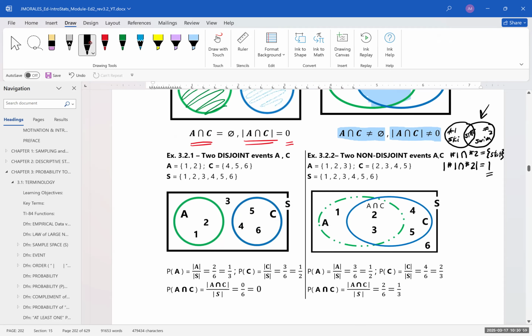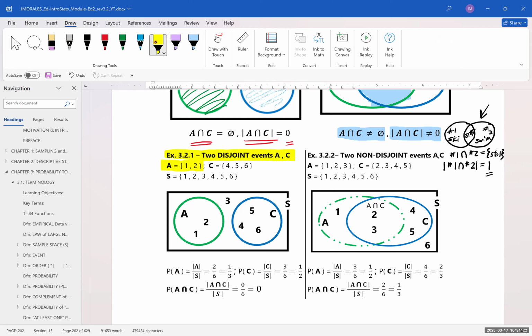So here we've got two examples. The first example is showing where two events are disjoint. I like to use disjoint just because it's a shorter word, okay? And so you can see here, A and C are disjoint in the Venn diagram.